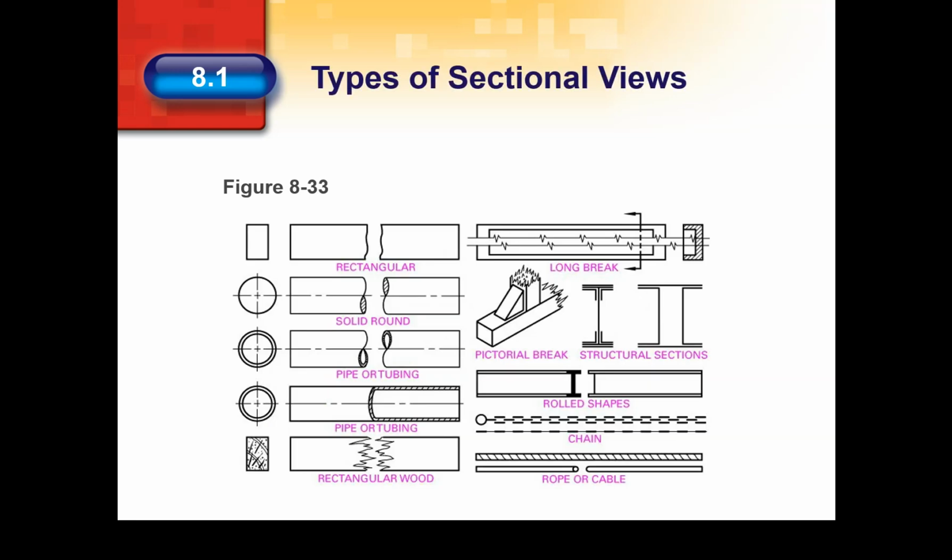Conventional breaks and symbols are used to show that a uniform part of a very long object can be cut out of the drawing. This makes some details easier to draw and easier to understand. See Figure 833 for examples of long, evenly shaped objects whose parts have been broken out in the drawing. Using a break lets you draw a view in a larger scale, because the break shows how the part looks in cross-section.